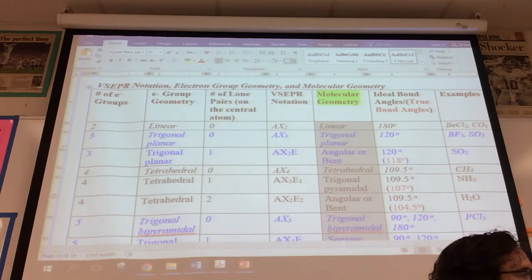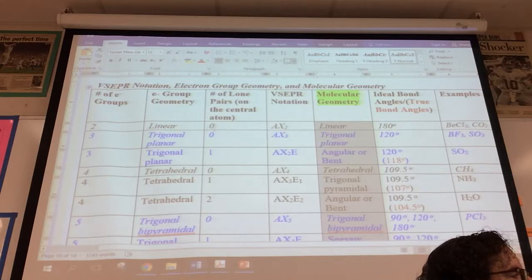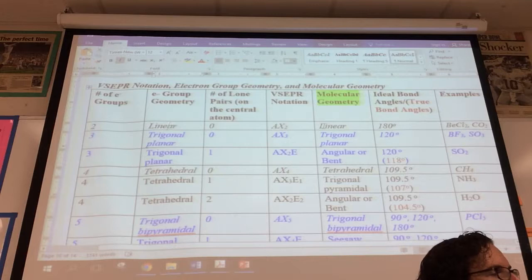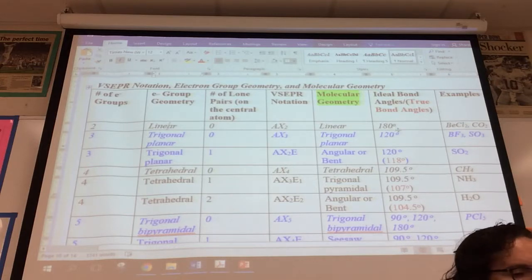First one up is very easy because electron group geometry and molecular geometry are the same, which they will be when you have no lone pairs on the central atom. So 2 electron groups, no lone pairs on the central atom: linear electron group and molecular geometry, bond angle of 180.